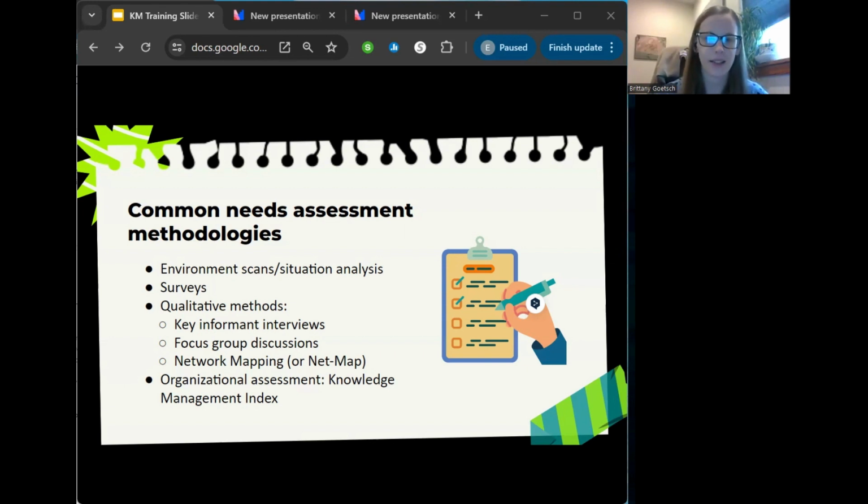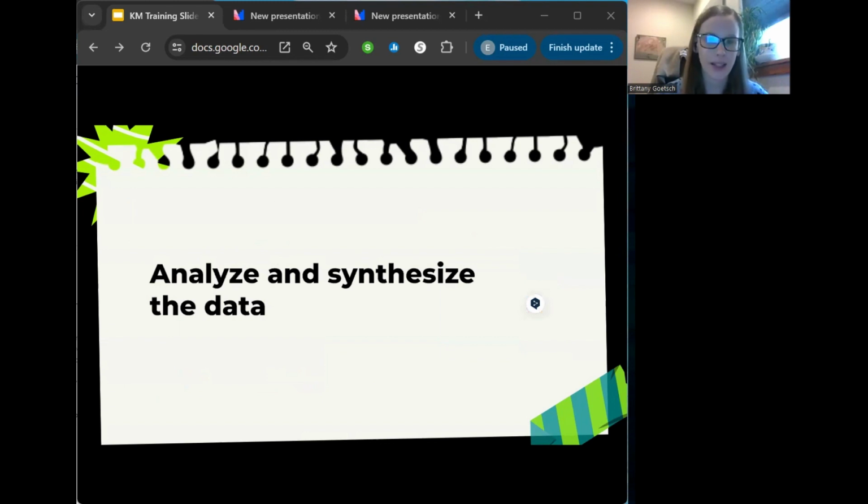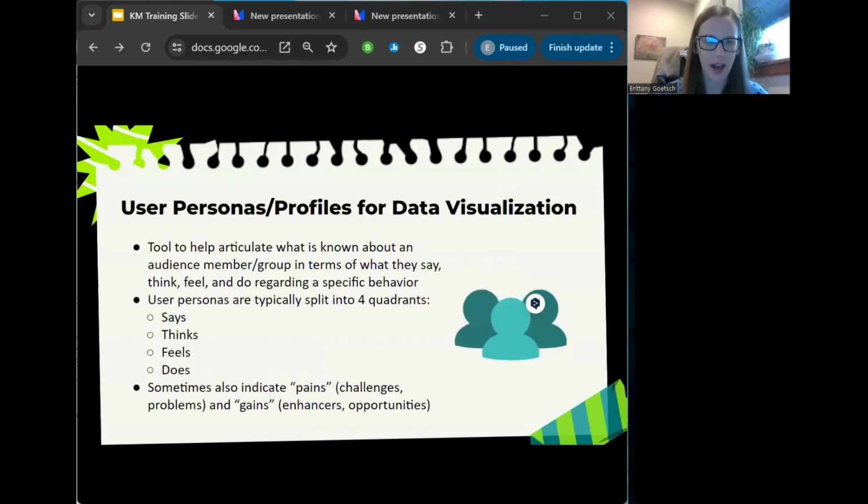All right, next slide. And then we get into analyzing and synthesizing data. And analyzing and synthesizing data is a systematic process, and can involve a lot of different people, and I think it's definitely important, and valuable, to have a lot of different team members involved in this process, because different people offer different perspectives when you're looking at different pieces of data, especially qualitative data.